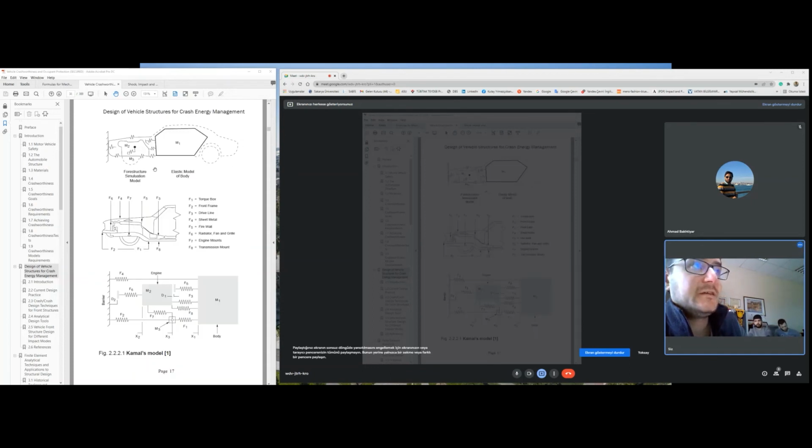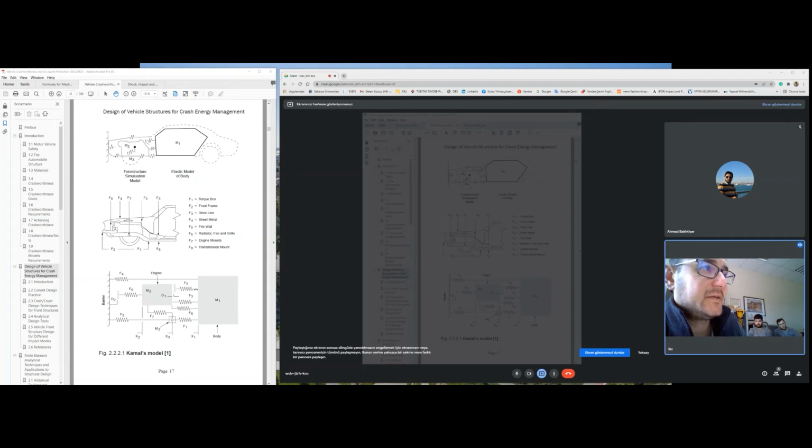So if we come here, it is talking about the whole vehicle system, describing each element as a kind of spring. Look at here, box, torque box, front frame, drive line, every single element.